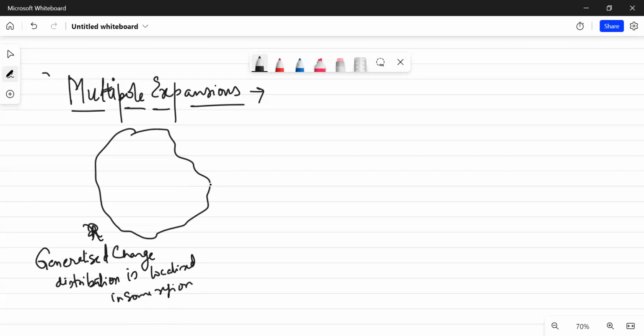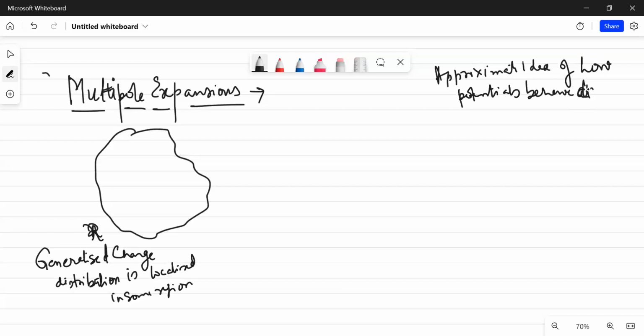That is, we want to find an approximate idea of how potentials behave at large distances, or we can say we want to find the asymptotic variation of potential due to this sort of generalized distribution.